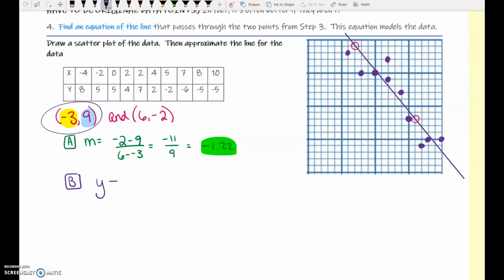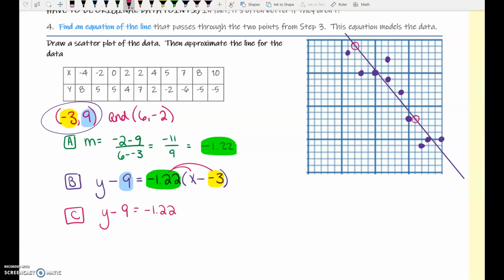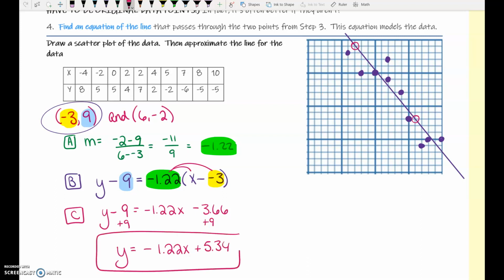So y minus... then your final step would be to distribute and get your final equation. Okay, so this is the equation that I got.